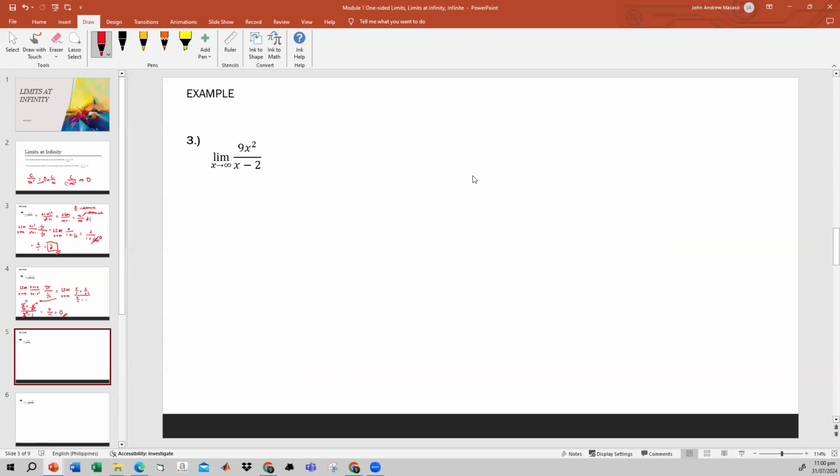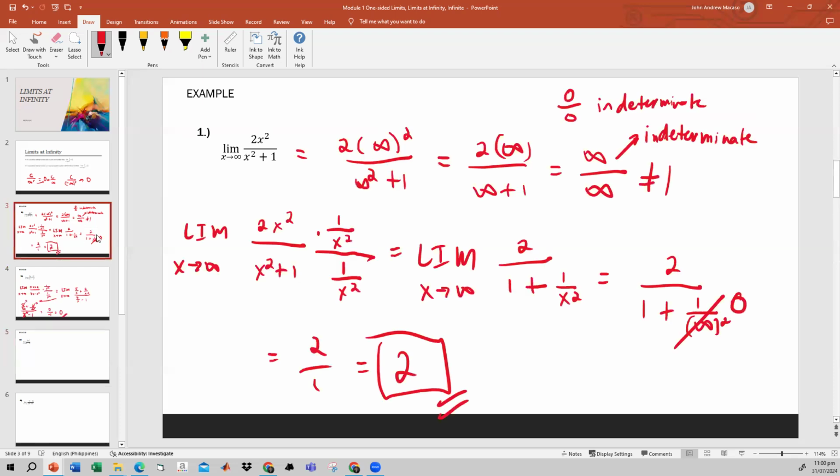So let's have this. What if you now have the limit of 9x squared over x minus 2 as x approaches infinity? Again, I just want to recall the previous examples that we have. If you observe the given function and notice that the highest degree is located on the numerator and denominator, then you just need to do this approach.